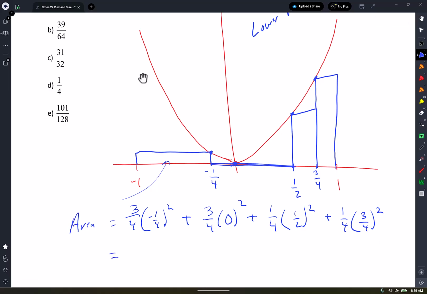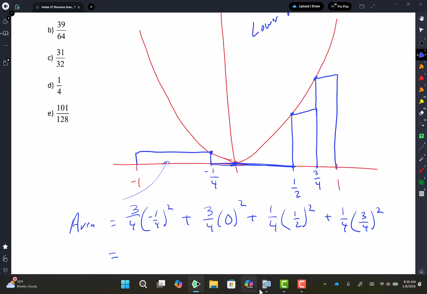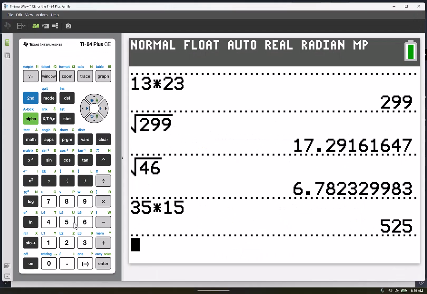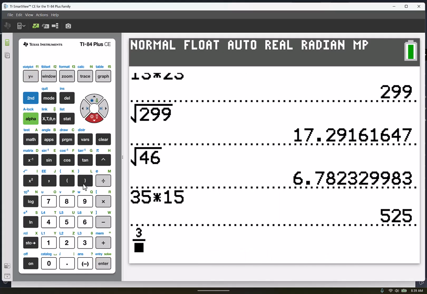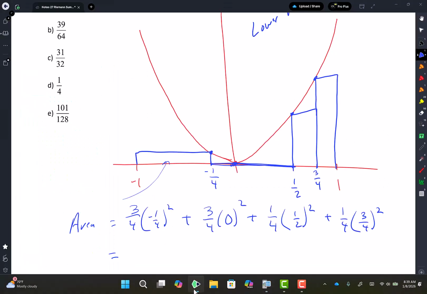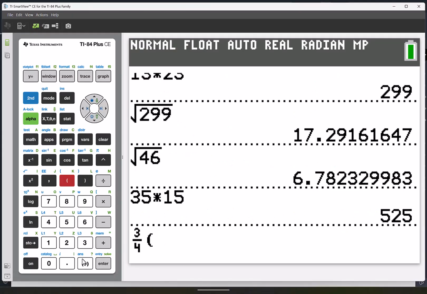Put it in the calculator and tell me what that number is. So let's see. 3/4 times, I already forgot, -1/4 squared. Can we just square them all and then multiply? Oh, no. Yeah, because this time the delta x's are different, right? Plus 0.